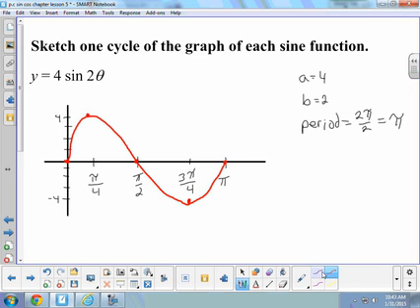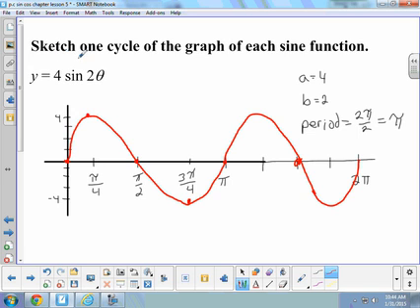If we had wanted to, we could have extended that out to 2 pi, because that would be another cycle. And it would have done the same thing. 0, max, 0, min, 0. Not the best drawn, but you can get the idea.